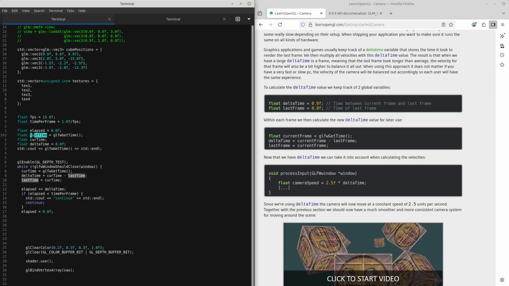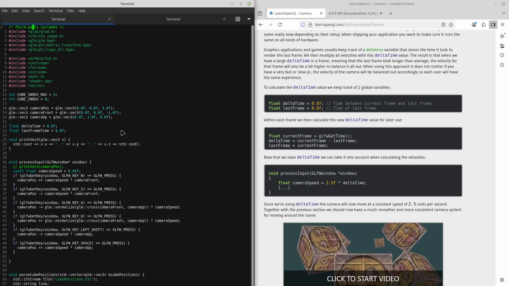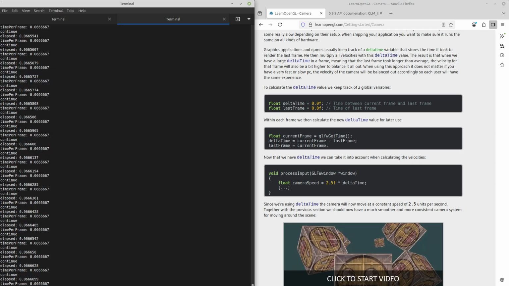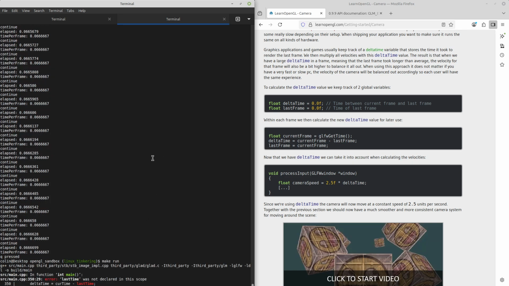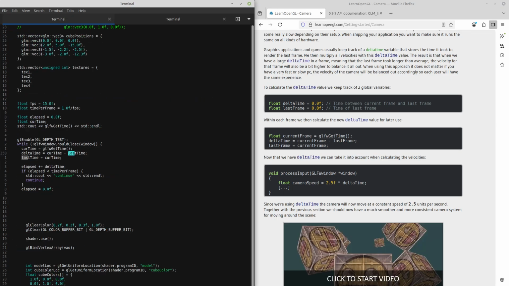So instead of having this here, current time can stay there because we're just using that as a temp variable, but those go up there. And now that delta time is a global, we can then say times delta time. And let's just do the W key, because then we'll be able to see the difference here. Last time.